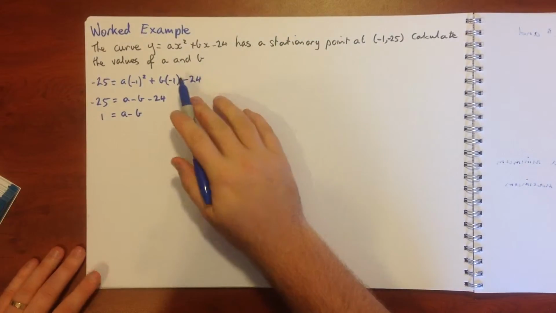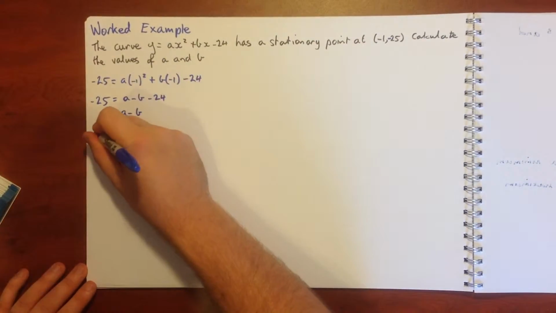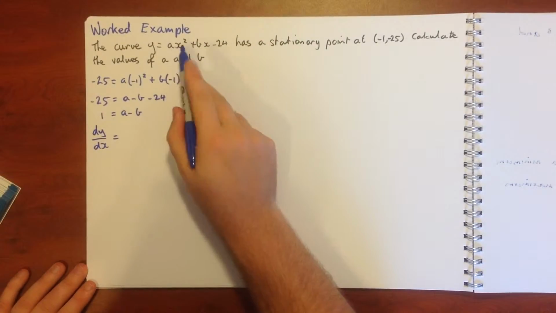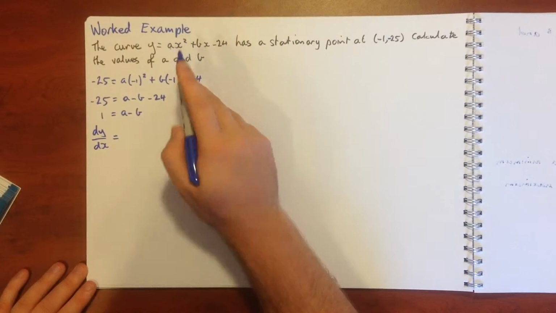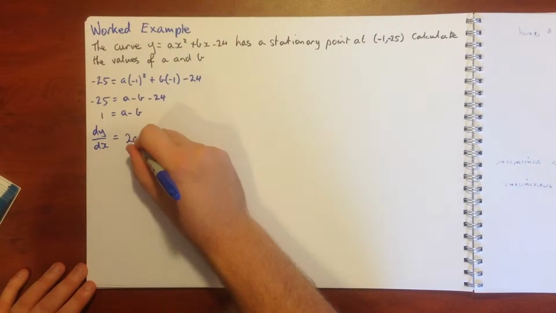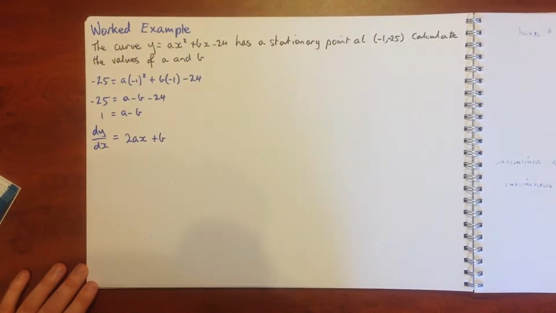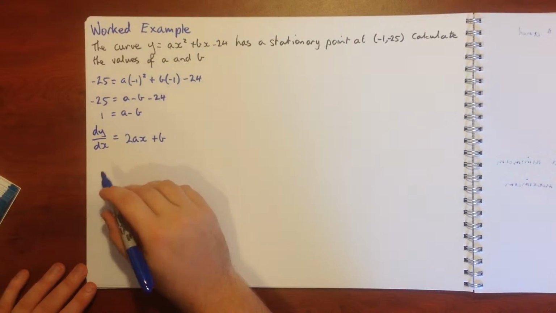We also know though that at that point it's a stationary point, so what we need to do is find dy/dx. So we ignore our a and b for this, we know x squared becomes 2x, so it'll become 2ax plus b for our derivative.